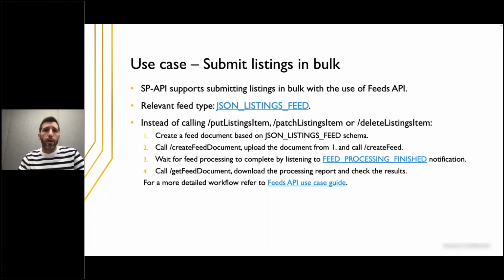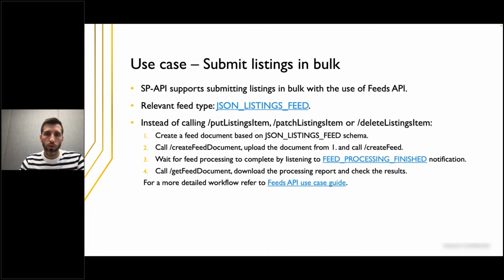In this case, one probably important difference is that the process is completely asynchronous. So you don't get a synchronous response saying that, for example, this mandatory attribute was missed, but you will get this information in the way you get it from the feeds API, which is more asynchronous, and we will describe it in a minute.